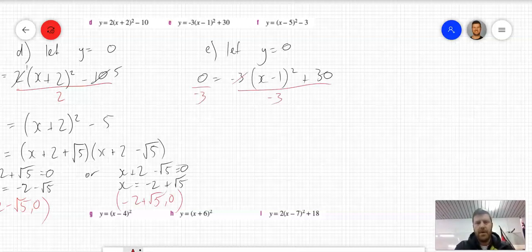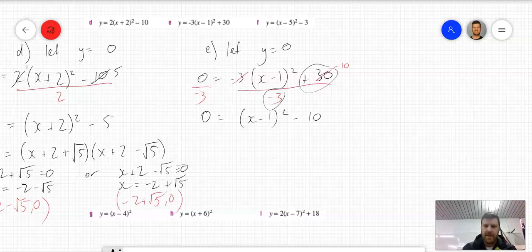What do we got? So 0 equals x take 1 all squared take 10. It's the minus 3. Positive 30 divided by minus 3 gives us minus 10.